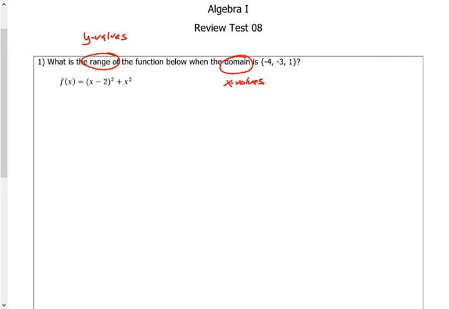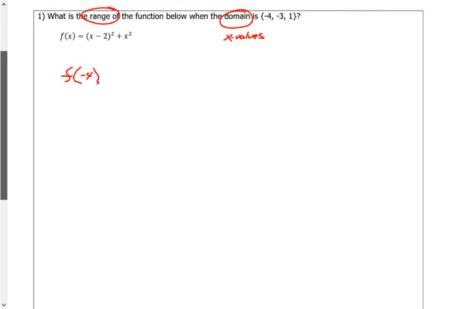All right. So f of -4, -3, and all we're going to do is a substitution for each of those.